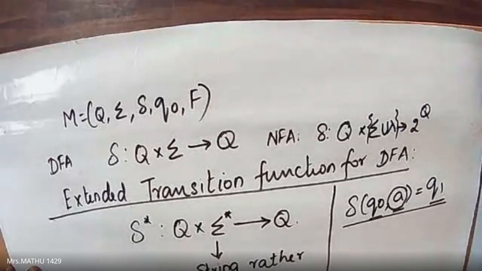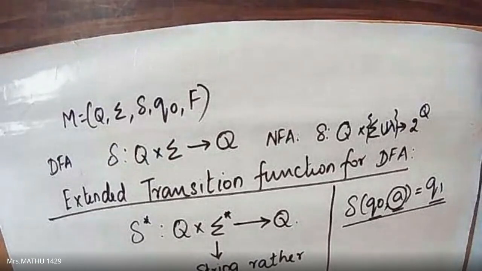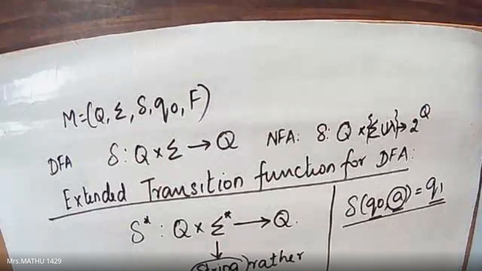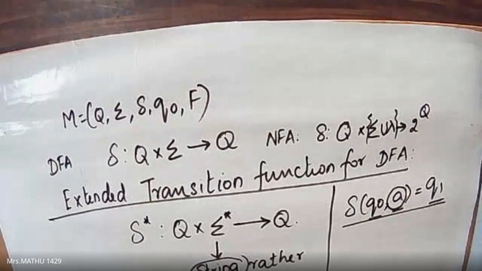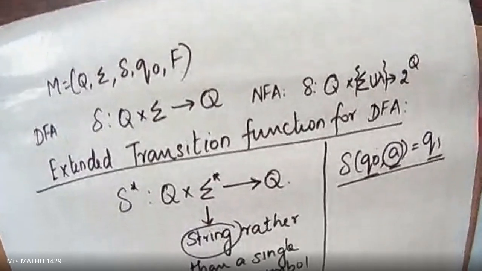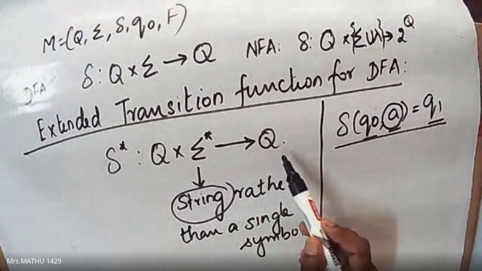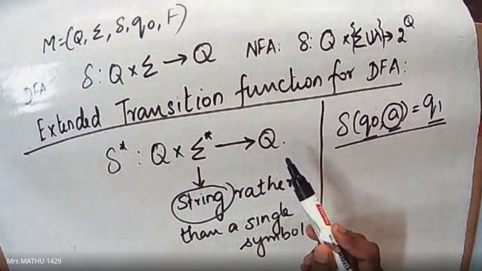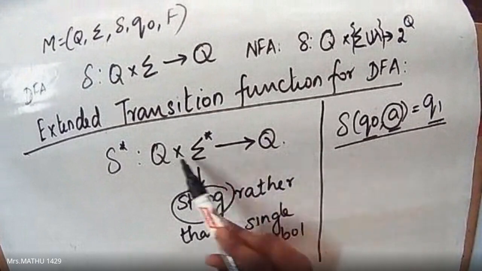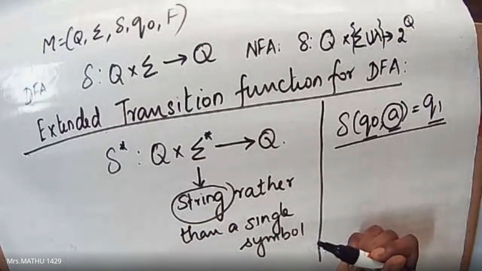Once you give a string, we are going to find out what state it will reach after reading the entire string. What would be the output state? That is what this extended transition function is about.